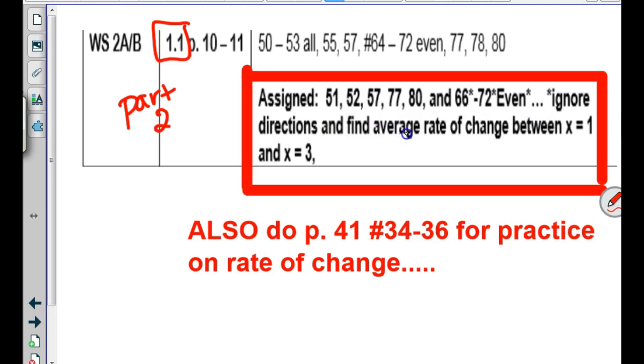Don't do what it says, because what it says is a very complicated thing you'll do in calculus, but instead I want you to just find the average rate of change between x equals 1 and x equals 3. So you're going to put in a 1, get out a number. You're going to put in a 3, get out a number, and then you're going to find the slope. That makes sense for those questions? 66, 68, 70, and 72. It says down here you can do more practice, but if you think you got it, I'm good. Any questions about rate of change?